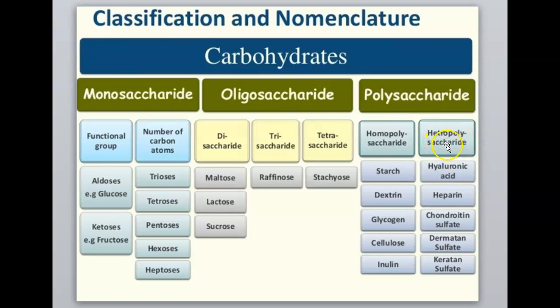In these heteropolysaccharides, the polysaccharides give two different types of monomeric units joined together with the help of the glycosidic linkage, and in that glycosidic linkage the removal of the water molecule takes place. Okay, so this is the overall classification of the carbohydrates.